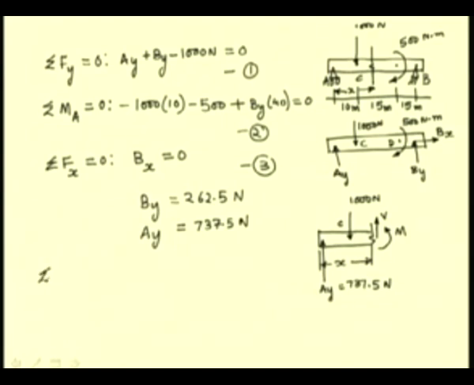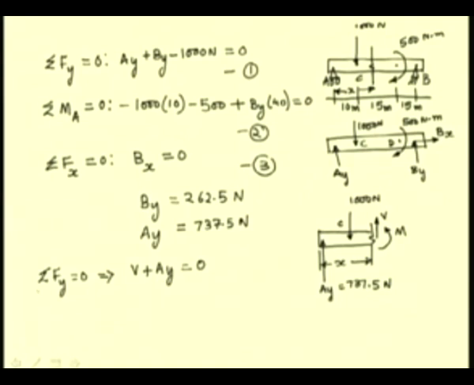First, let us write the force summation equation, which gives that V plus Ay should be 0, because we have the vertical component of the force V and the vertical reaction Ay.